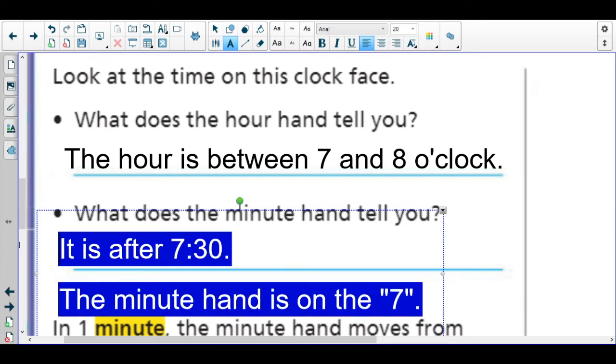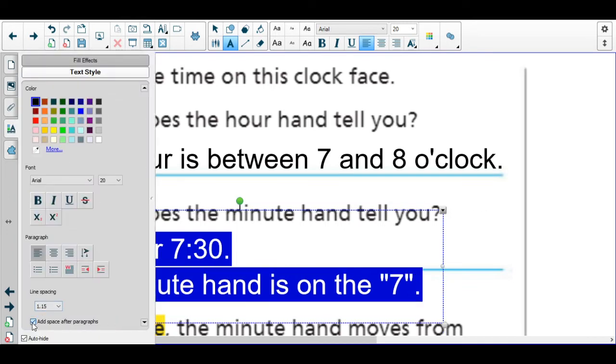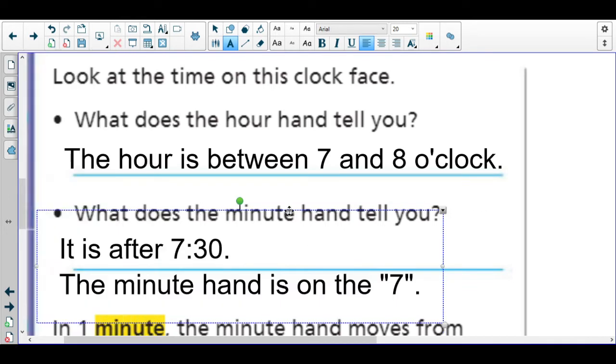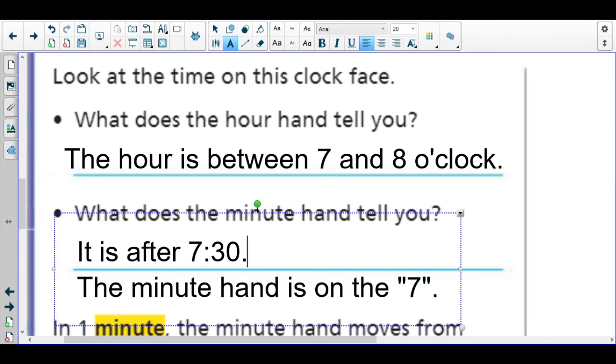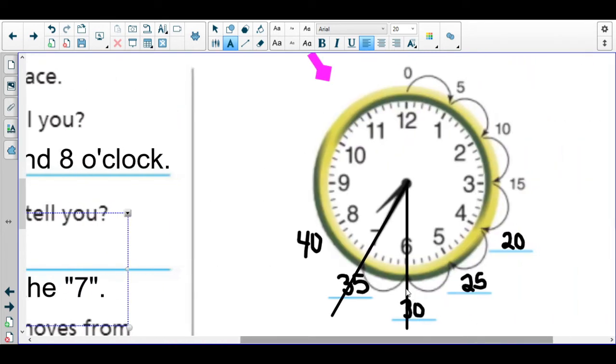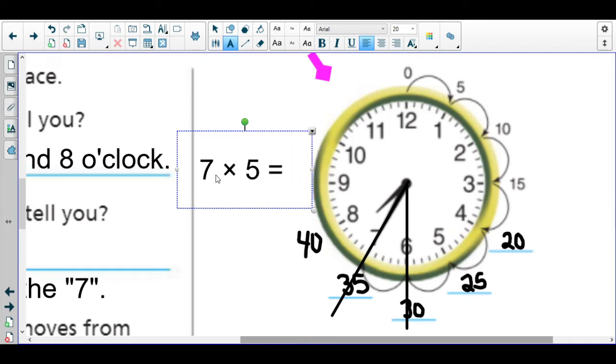And what that means is we're just going to be counting by fives. If that minute hand right here is on the 7 and we're counting by fives, well, that's just going to be 7 times 5, and that's equal to 35.